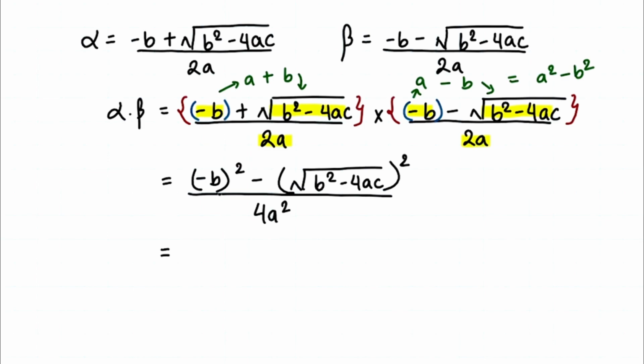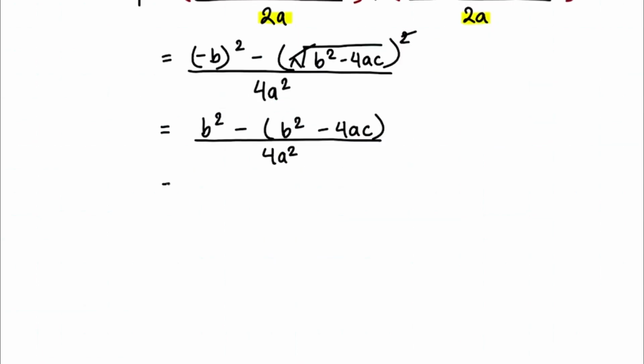So minus b whole square is b square, minus, we can cut this square root and square, and then we get b square minus 4ac over here, bracket close, divided by 4a square, which is still there.